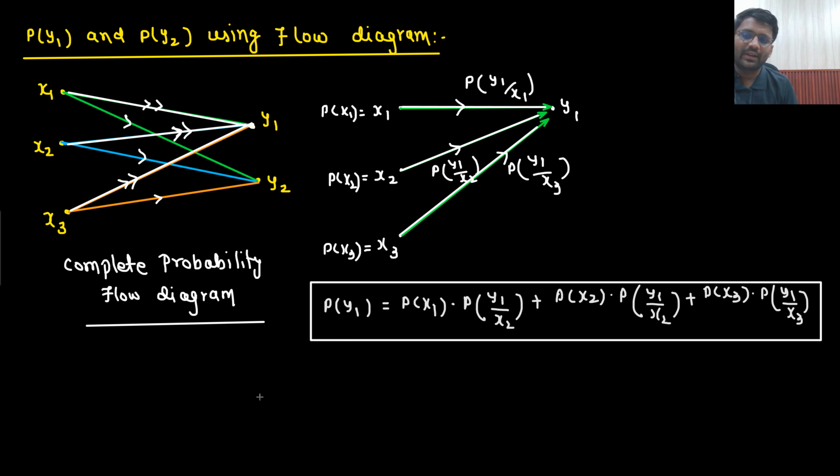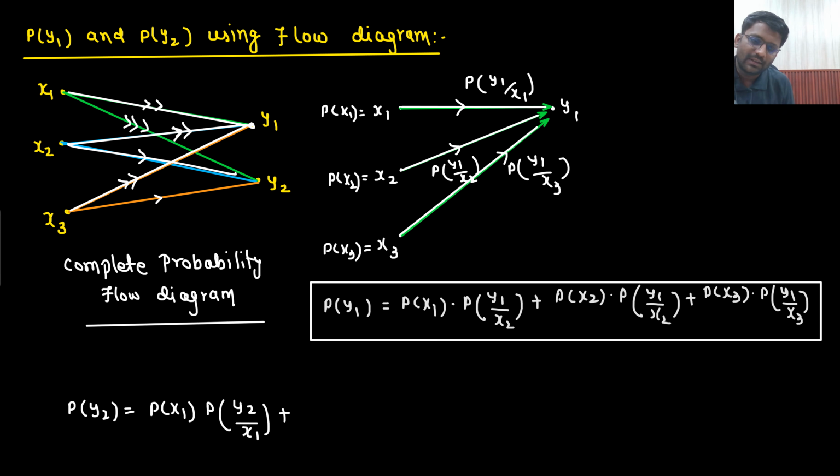Similarly, just by looking at this diagram, can you write down the probability of y2? Not by any formula, nothing, just by looking at the diagram, the probability of receiving y2. So y2 could come from x1, or from x2, or from x3. So multiply the probability with the corresponding probability, which will be the probability of y2 given x1. Then what is the next part?